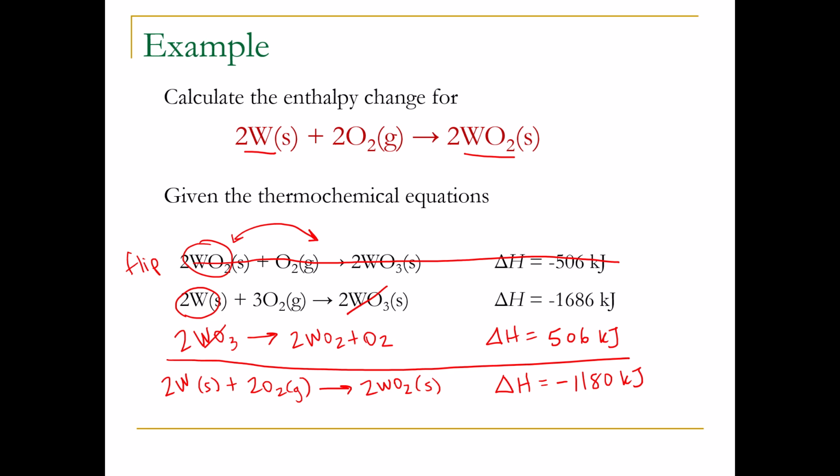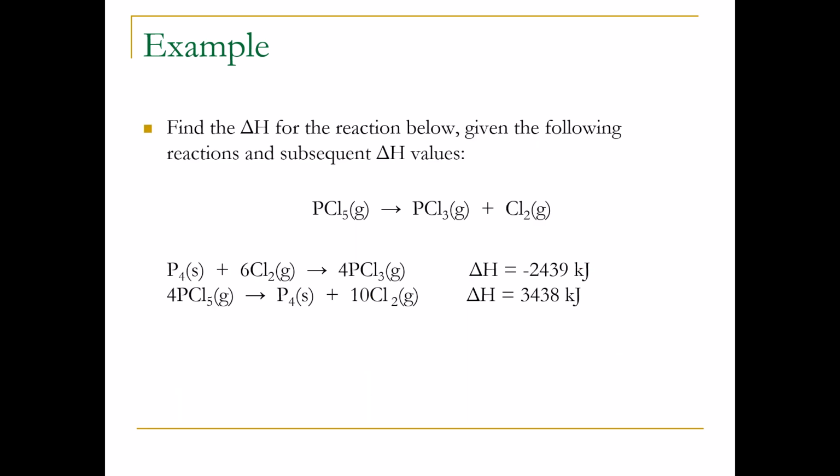Alright, let's try one more example. PCl5 goes to PCl3 and Cl2. We have two equations we can work with in order to get this one. Alright, so let's start with PCl5 on the left. It's here, already on the correct side.